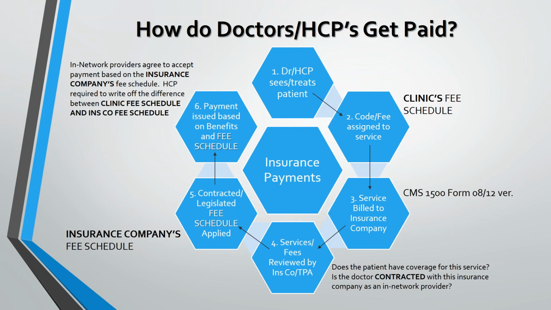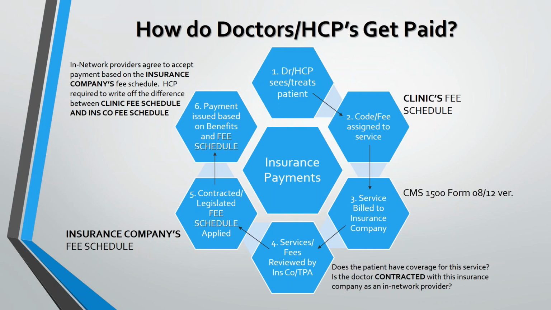So the next thing that happens is after that code is assigned and the value for that code is sent to the insurance company, it's billed out on a CMS 1500 claim form, sometimes on a paper claim, but most of the time this will be billed out in an electronic version of a CMS 1500 claim form.